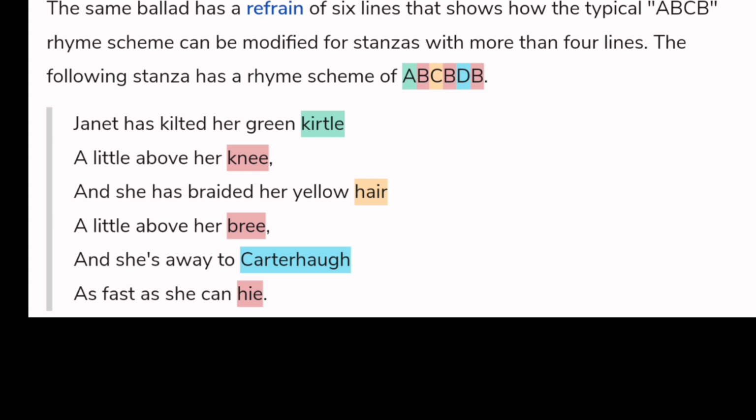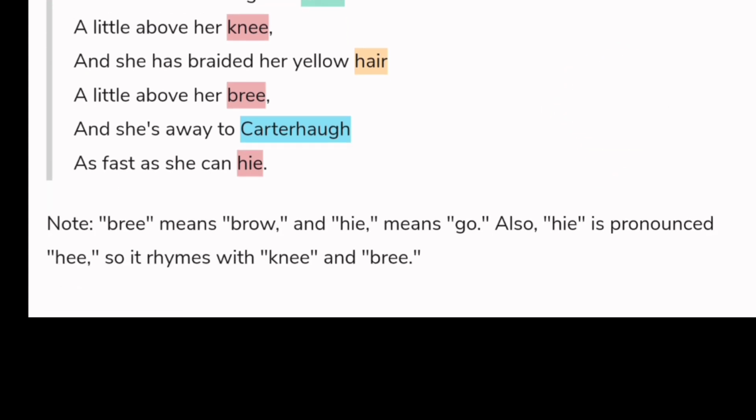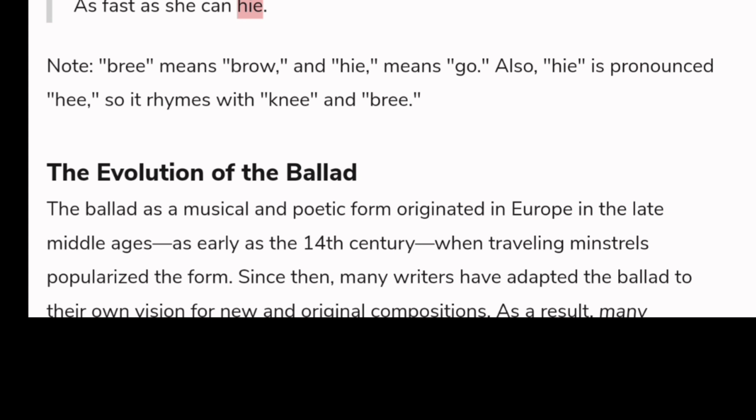Janet has kilted her green kirtle a little above her knee, and she has braided her yellow hair a little above her brow, and she's away to Carterhaugh as fast as she can go. Also, 'brow' is pronounced 'bree', so it rhymes with 'knee' and 'bree'.